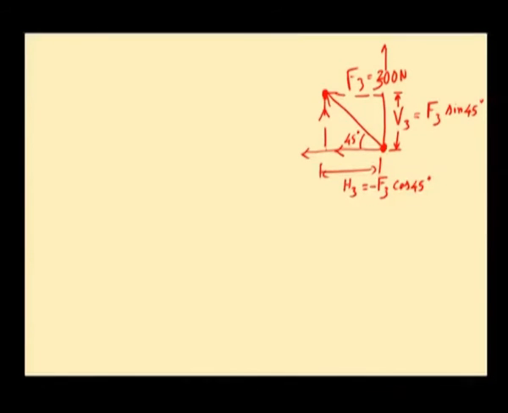If you see the direction of this vertical component V3, it is going in the upward direction, hence its sign will be plus. So, V3 will be plus 300 sin 45 and H3 is minus 300 into cos 45.